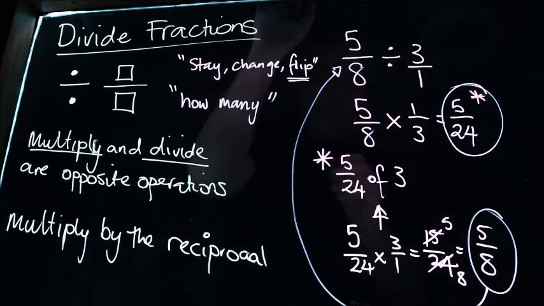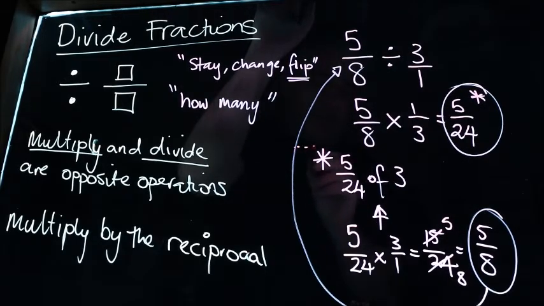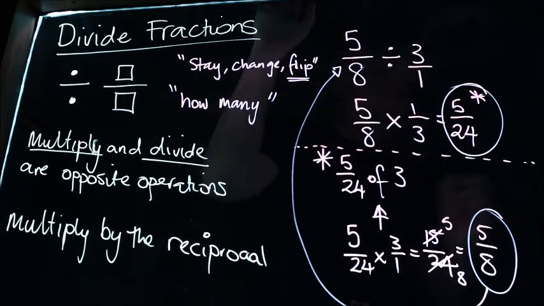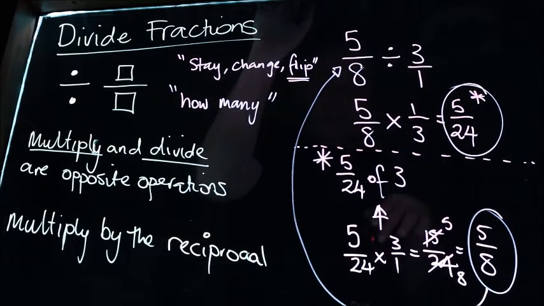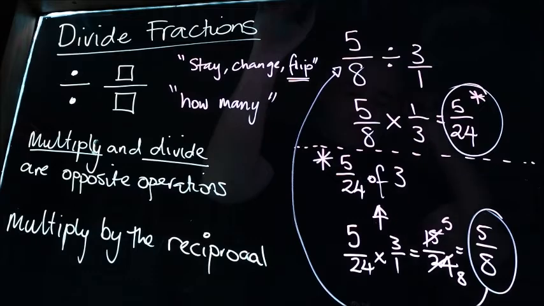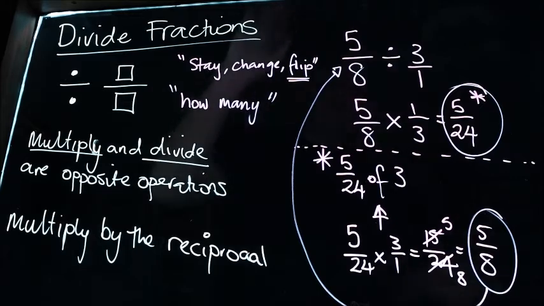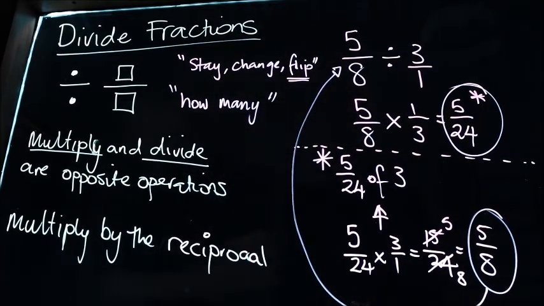I'm hoping through this video that I can get you not only doing stay, change and flip, but also understanding what it means. So I'm going to clean the board and we're going to do a few more examples.